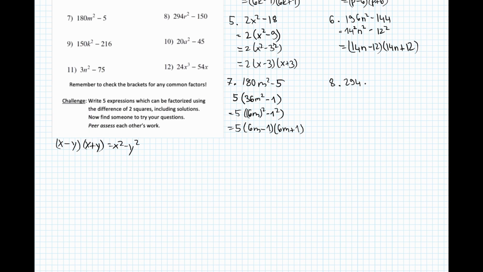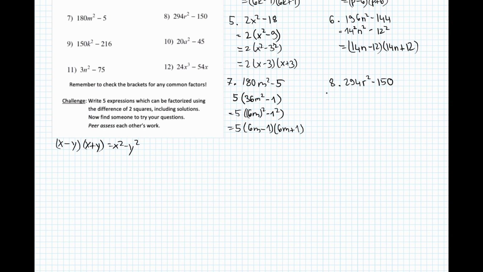On number 8, 294r squared minus 150. Now for this one, we can also factor out some numbers. If you don't really know which number to start with, for example, the 150 is definitely divisible by 3.